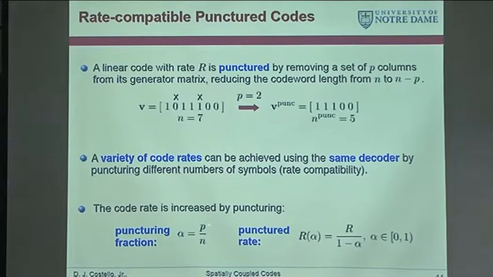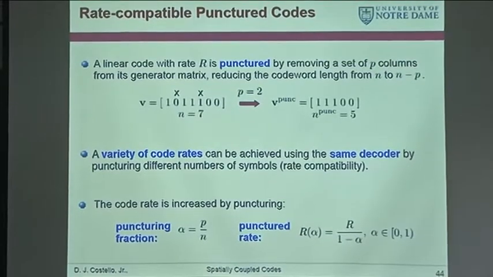Puncturing just means you don't send certain bits. You generate a codeword and you don't send certain bits. But the code is designed based on all the bits, so the decoder design assumes that you have all the bits. So what do you do with the bits that aren't received at the decoder?